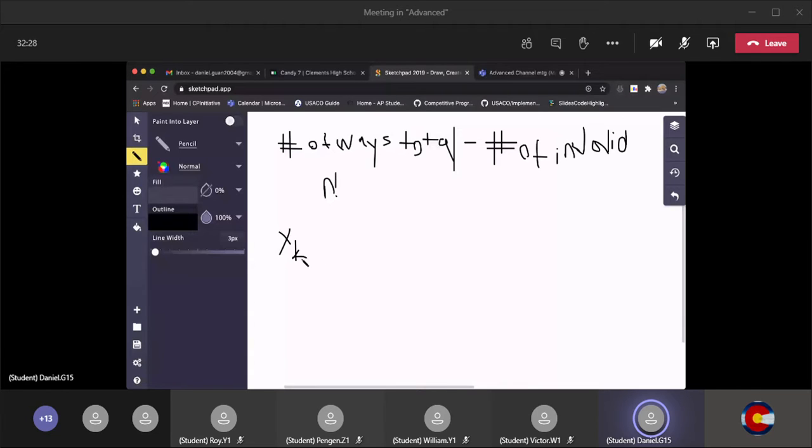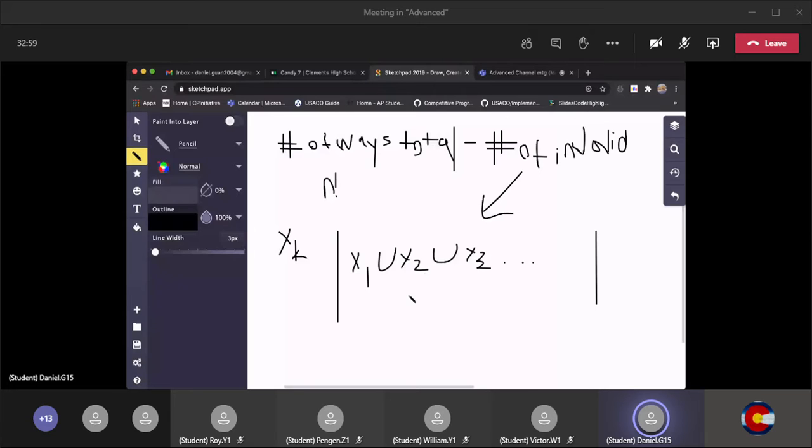And so the number of invalid is the size of the set x1 union x2 union x3, and so on. And then how do you find this union? You need to do the principle of inclusion exclusion with each of these sets.